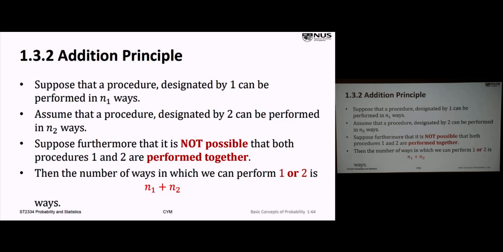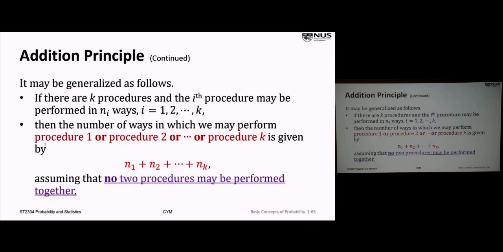So then we ask, what are the possible ways in which we can perform 1 or 2? And that happens to be just the sum, right? Because I do experiment 1, I get n1 possible outcomes. Now, experiment 2 cannot happen at the same time. It's not possible that they both are performed together. So the total number of outcomes is n1 plus n2.